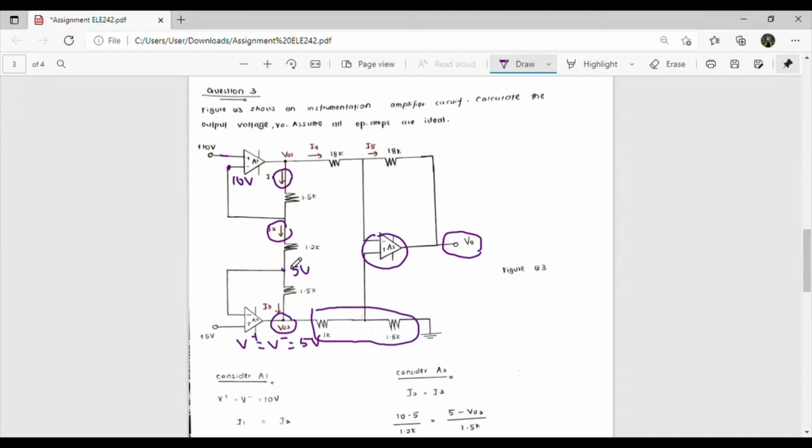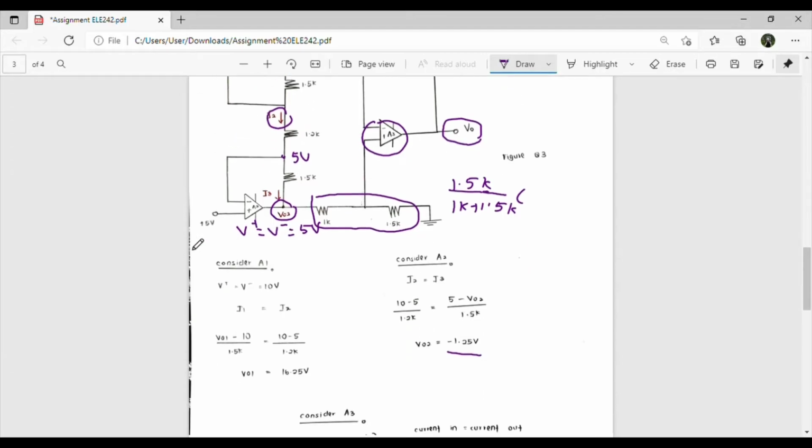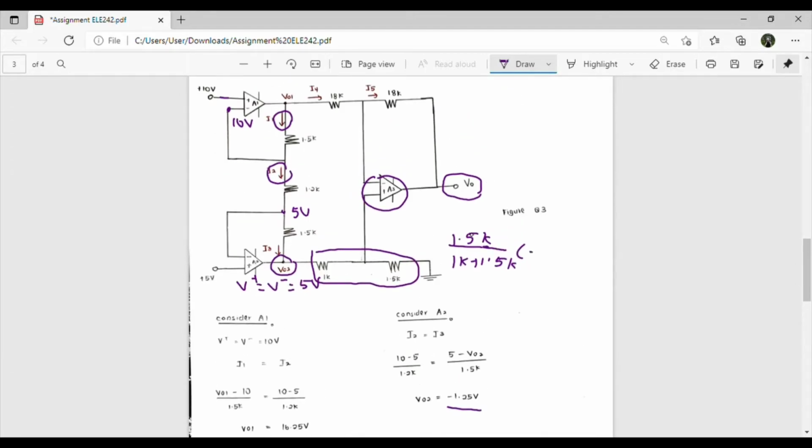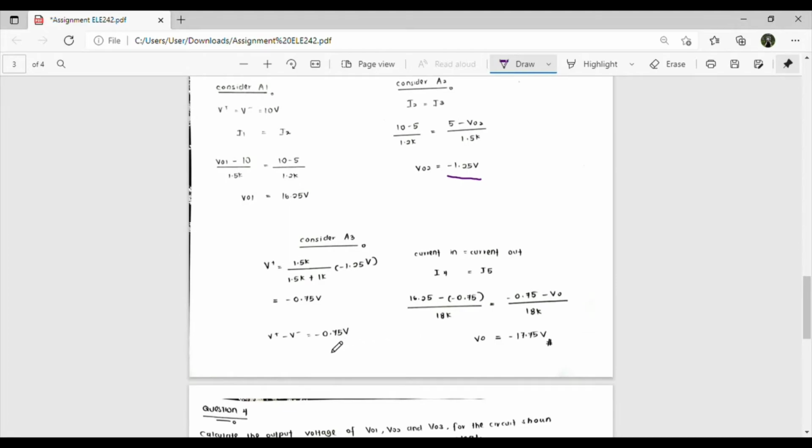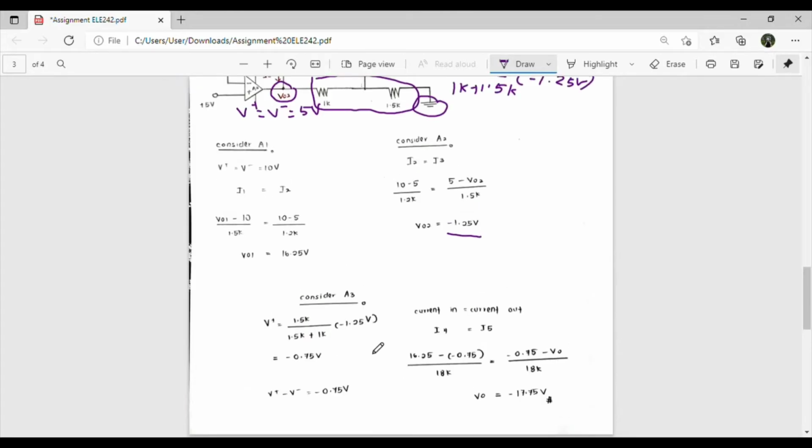So I apply VDR: 1.5k divided by (1k plus 1.5k) multiplied by V node 2, which is equal to negative 1.25 volts. Why 1.5k? Because it is connected to ground. The value is negative 0.75 volts. We know that V plus is equal to V minus, right? So it is equal to negative 0.75 volts.